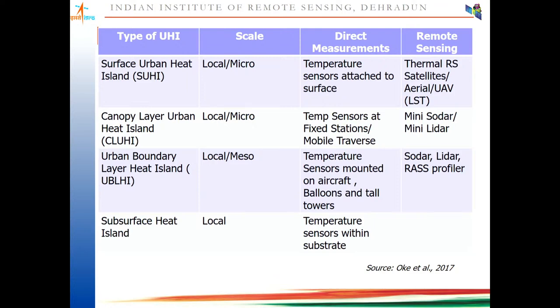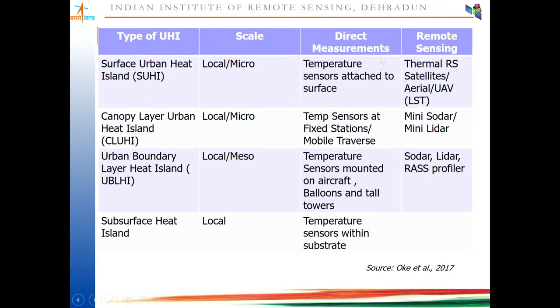Now, if we look at urban heat island, most of the time we use urban heat island as a single term, but different types of urban heat island are observed over a period of time. First, there is the surface urban heat island. Surface urban heat island is the heat island because of surface temperature, and it is studied at local and micro scale.